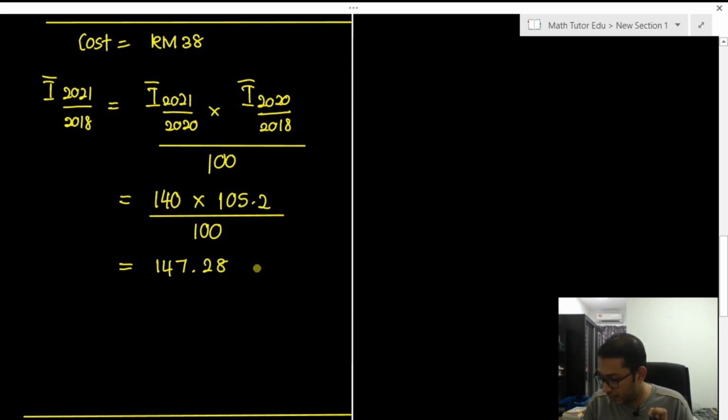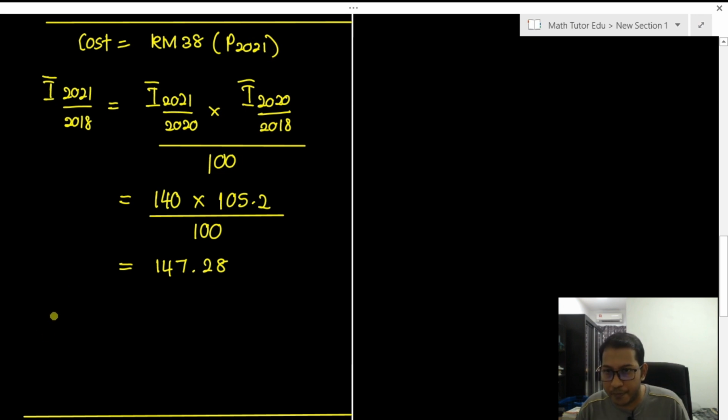We still need to calculate the cost of making a packet of food in the year 2018. From here we already know that the cost of making a packet in the year 2021 is 38 ringgit. This 38 ringgit is representing the price of the year 2021. We need to find the price in the year 2018.